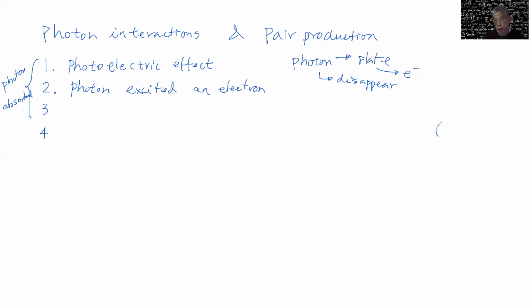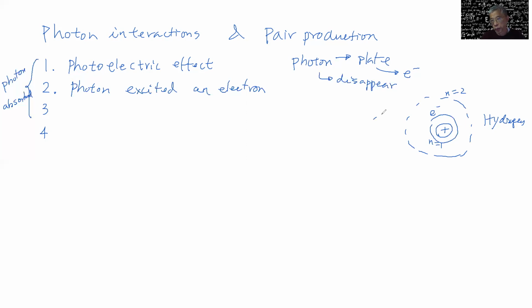So the electron, according to the Bohr model, let's say for the hydrogen, we have a proton in there, and we have an E minus. So this E minus can be excited to a higher state. So let's say that's n equal to 1, and this is n equal to 2.